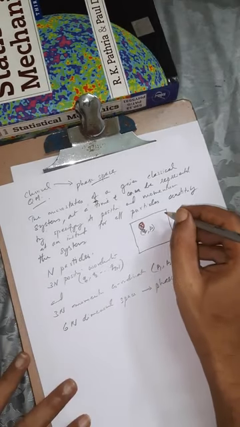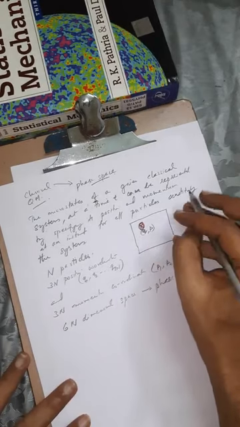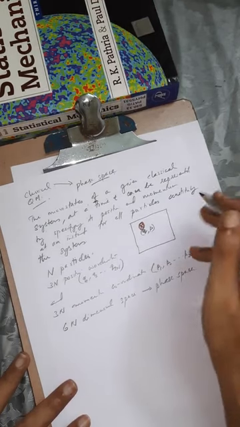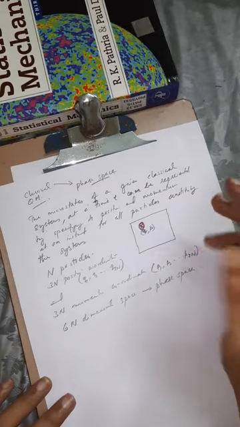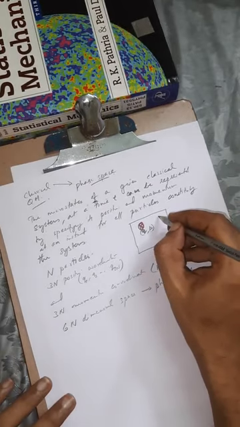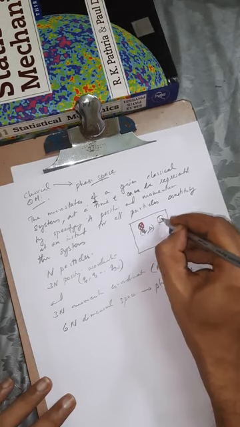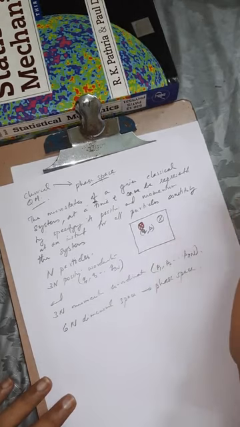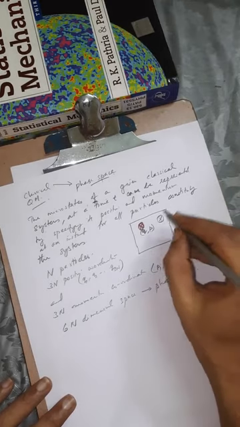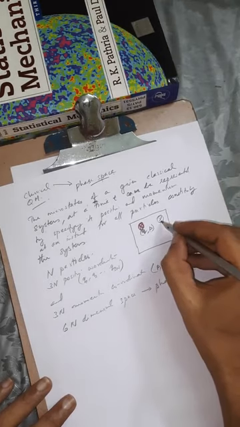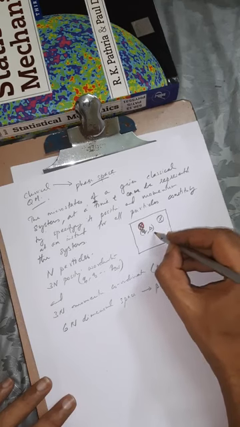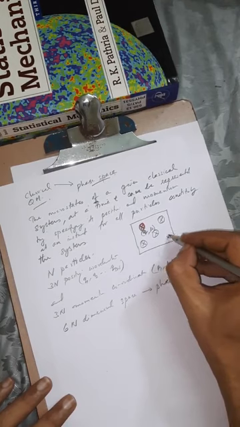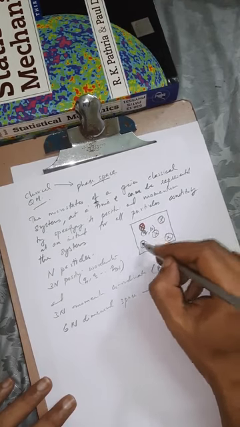Since this ensemble contains different microstates at the same instant, because that is central to the concept of ensembles, there will be different microstates at different coordinates within this so-called ensemble. So this is another microstate, this is another, another, another. 1, 2, 3, 4, 5.